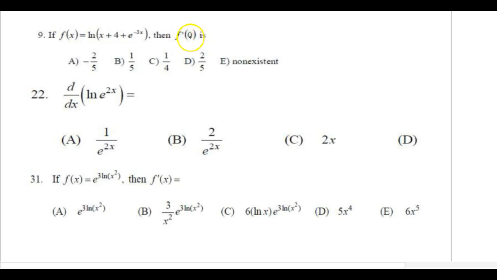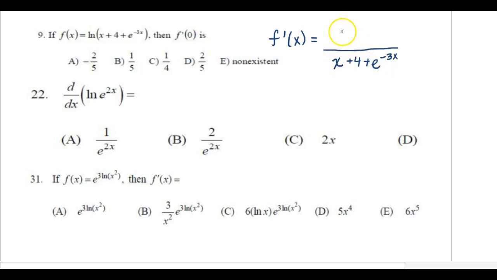So remember that we can't just plug in 0 first, we have to take the derivative first. So the derivative, f prime of x, is going to be taking the entire inside, so this is natural log, so anytime I have any type of log, the entire inside goes in the denominator, x plus 4 plus e to the negative 3x, and then the derivative of this goes in the numerator.